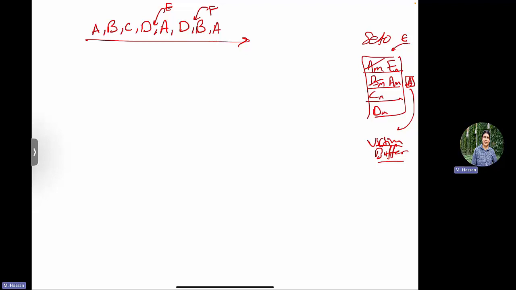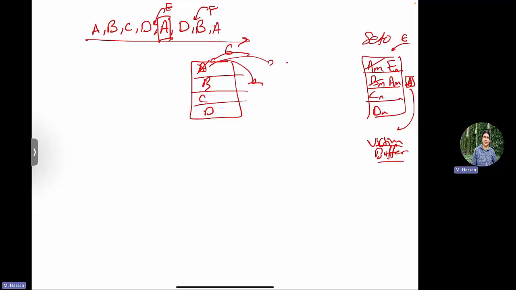Later on, instead of throwing away A and needing to bring it from the memory, so you suffer the high memory access latency, if we redraw it with the victim buffer, originally I had A, B, C, D, then I wanted to bring in E, instead of throwing A out to the main memory, you will put it in the victim buffer.